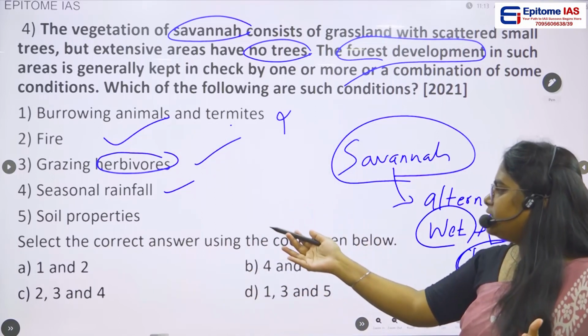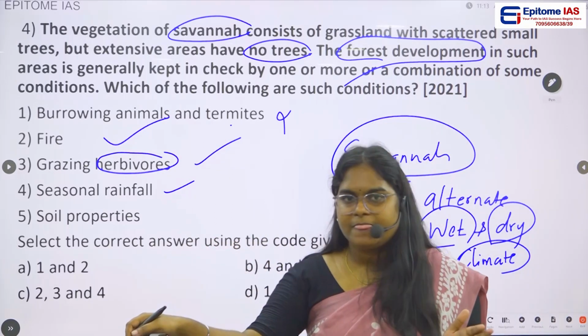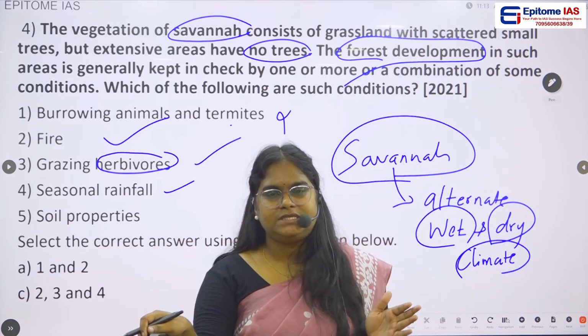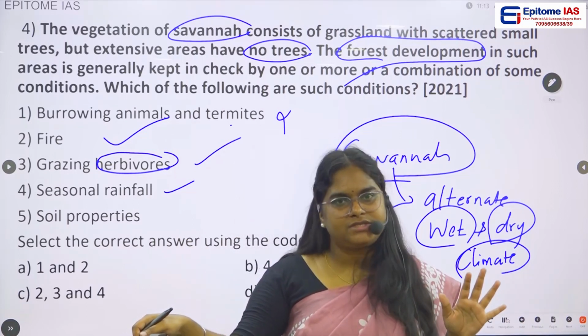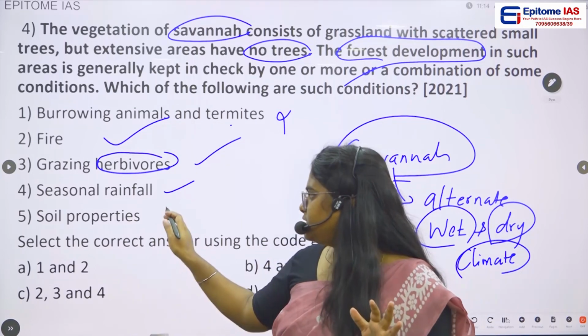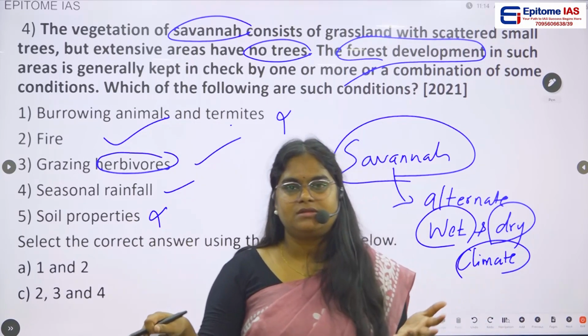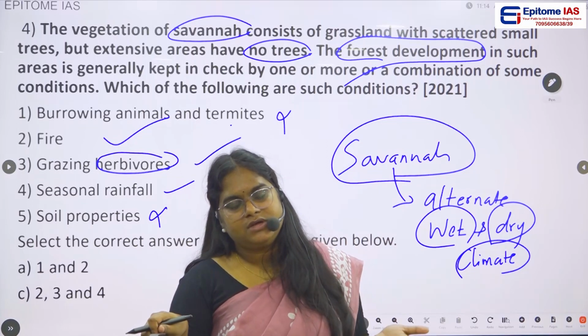So this is there. Then we have soil properties. Again, soil properties may have some impact on the development of the forest, but it is not major, it does not create any major check on the development of the forest. Why?